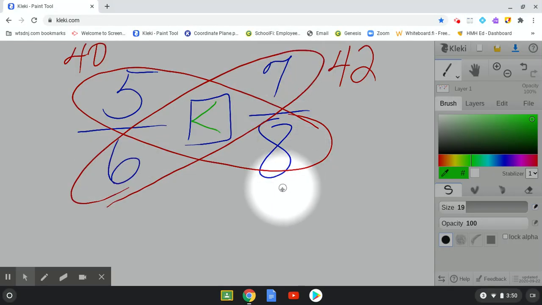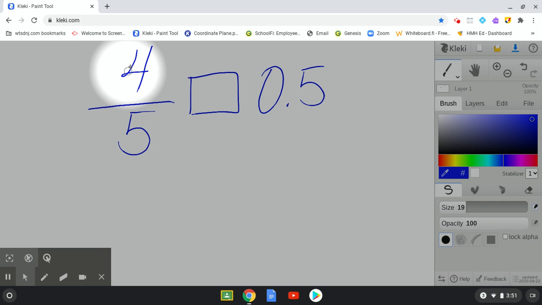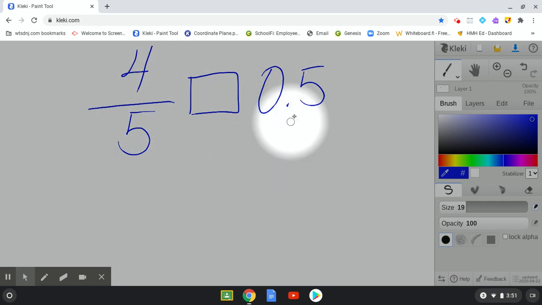Okay, pretty simple. I'm going to go one step further and I'm going to compare a fraction to a decimal, and I'm going to show you what you could do. Okay, so here I am comparing a fraction to a decimal. I'm comparing 4/5 to 0.5, or how would I say this? 5/10. Now, I don't have a number greater than 0 in my ones place, so I would not say 0 and 5/10.